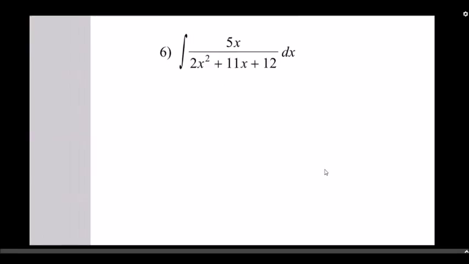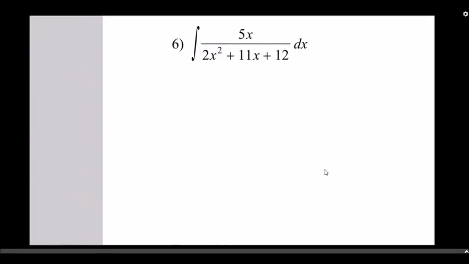All right, question number 6 from the same section, 6.2 or 8.1 in the back of the 10th edition, UVU edition. We've got to factor that denominator.